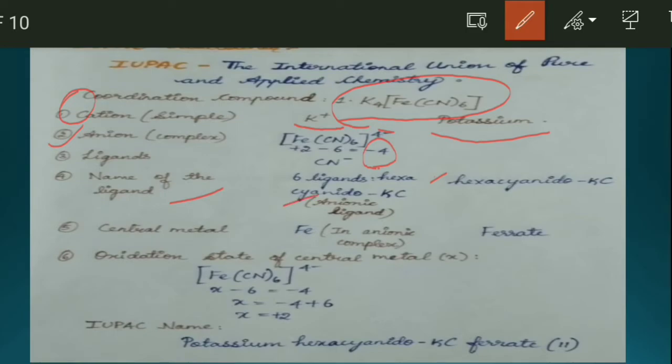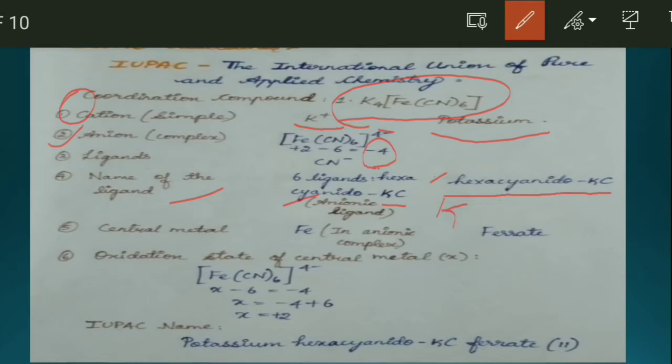We are including the O. See, this kappa symbol is written because it is an ambidentate ligand. In this, the carbon coordinates with the metal. So kappa C. See, the name of the ligand is hexacyanido-kappa-C. Understand?